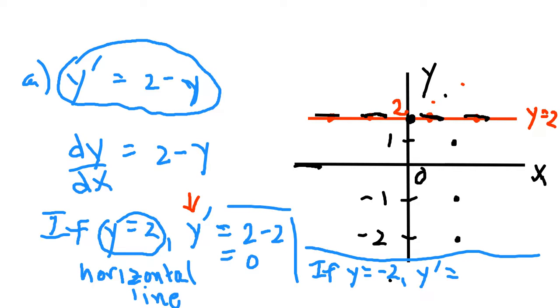If y equals -2. 4, right? Because 2 minus -2 is 4. So this means that when y equals -2, the tangent line has a steep slope of 4. So slope equals 4. Here, slope equals 0.